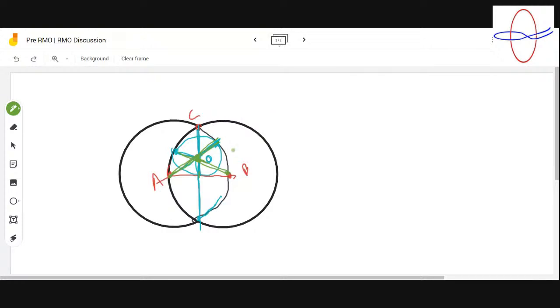Yeah, we can construct those. Then what will happen? You're on the right track. We can construct at those points. So I'm asking you to prove that the line joining this will be perpendicular to this. Now this passes through the center of this circle. Why is this true?